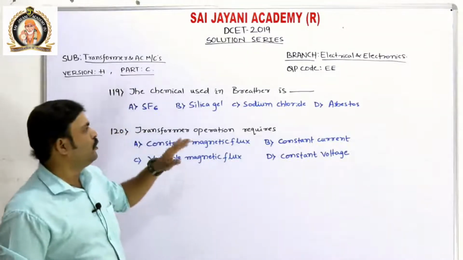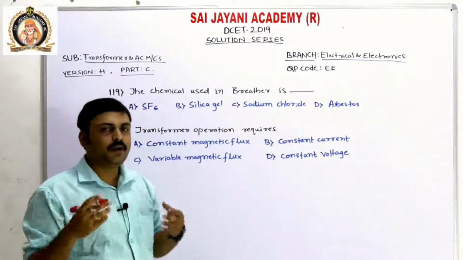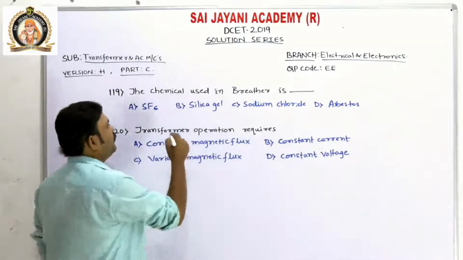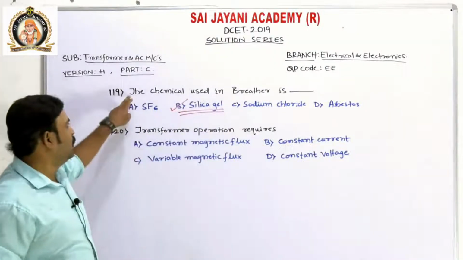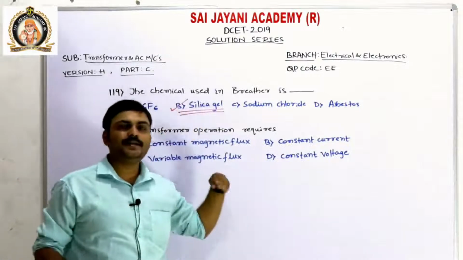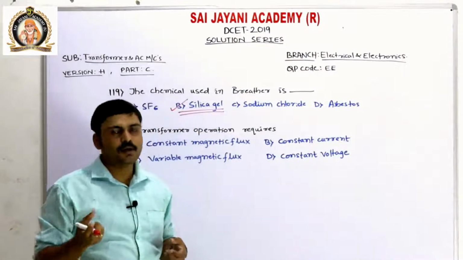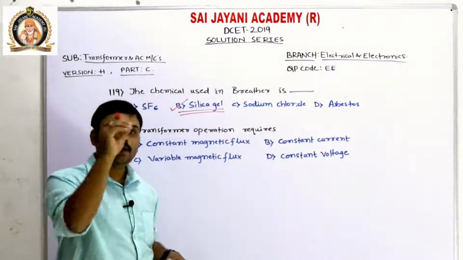So for that, moisture absorbing property is required. For that we will use silica gel. The chemical used in the breather is silica gel because it has more moisture absorbing property, so it doesn't allow any moisture to enter into the transformer.